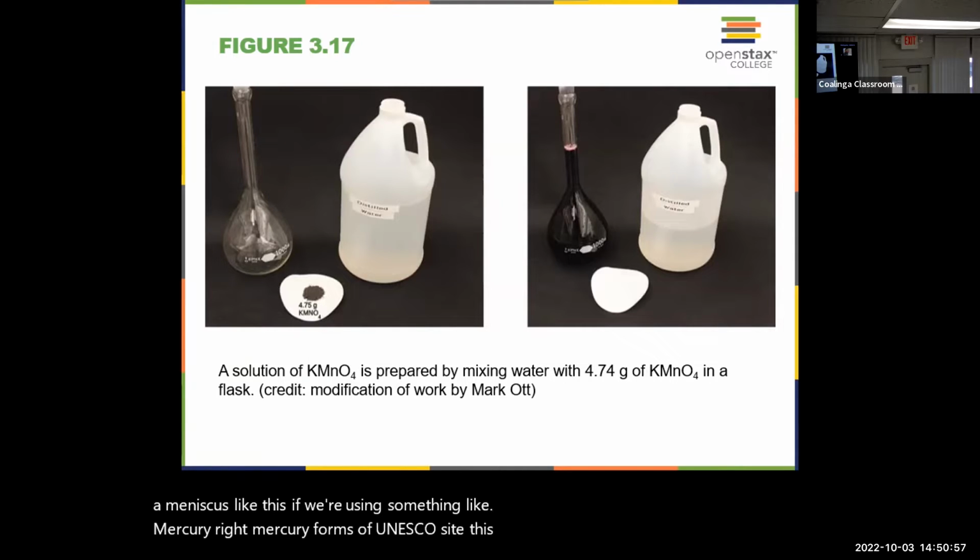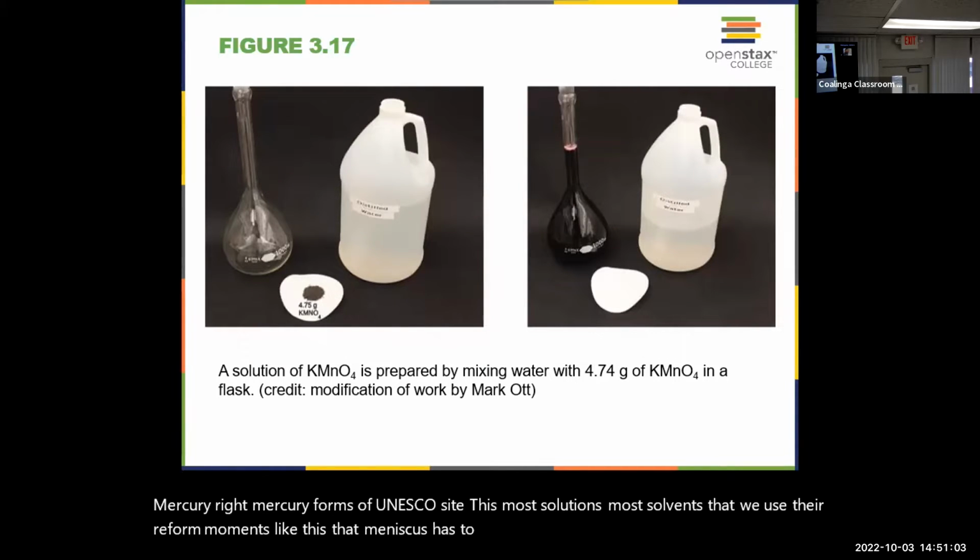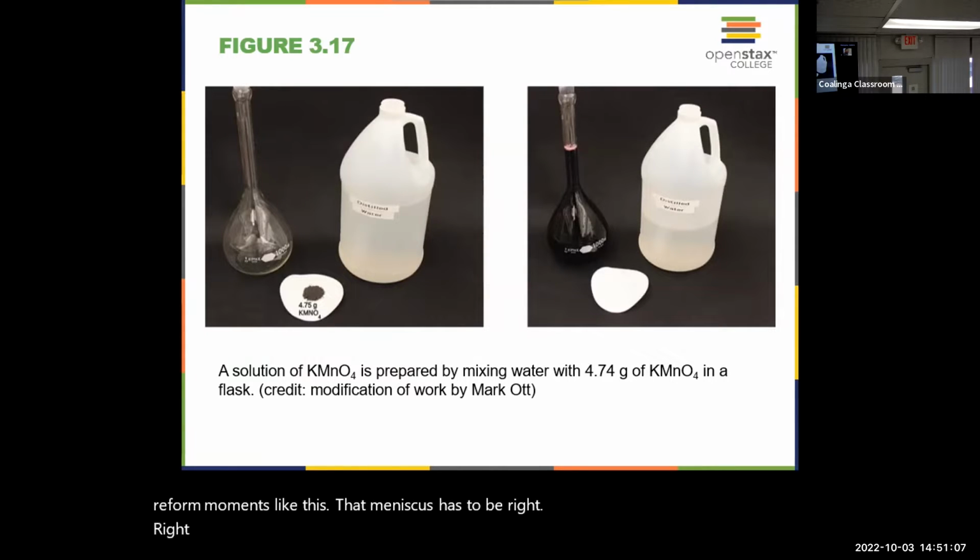Most solvents that we use will form a meniscus like this. That meniscus has to be right on the line. So here's the line. The meniscus has to be right on that line. That is the perfect solution. Okay.